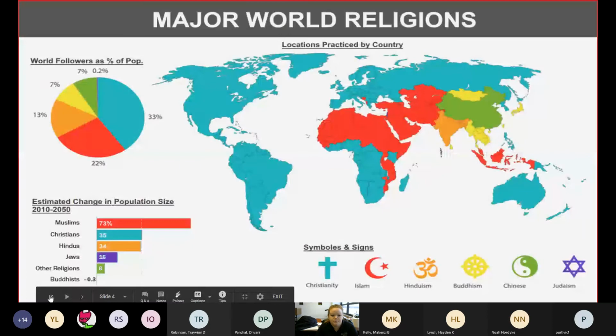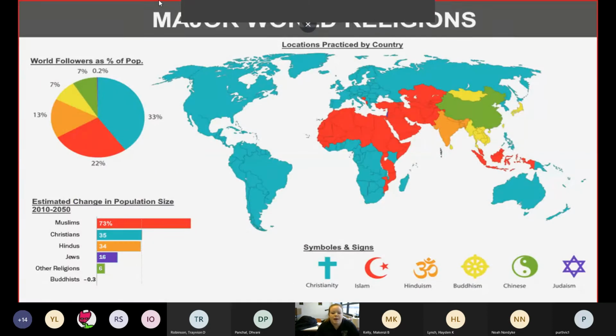So this is just a map of the major world religions and which countries they kind of dominate in. So this isn't saying it's the only religion in that country. It's just saying it's the most widespread in that country, the most population in that country. So Christianity has much more of a geographic spread. That does not mean necessarily that it's the most population, right? Yes, there are parts of the world that are densely populated, even though they don't have a lot of land.